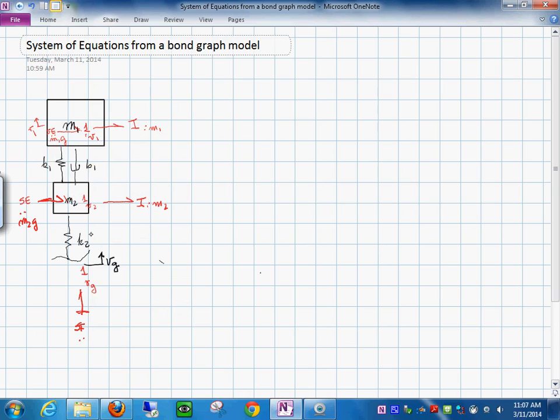This minus this would yield like this. This minus this velocity, this would be v of the ground minus v sub 2. And this one over here would be v sub 2 minus v sub 1.